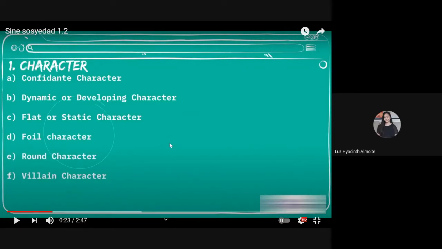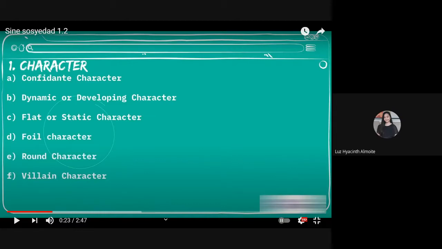So confidante character, it is someone or something the main character confides in. Dynamic or developing character is someone who changes throughout the story due to some events.